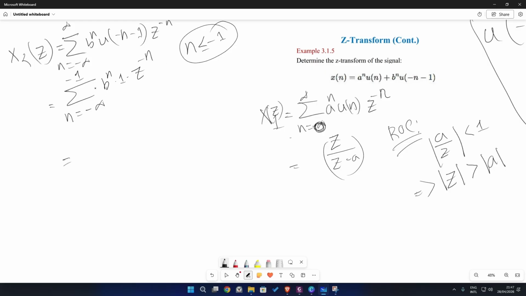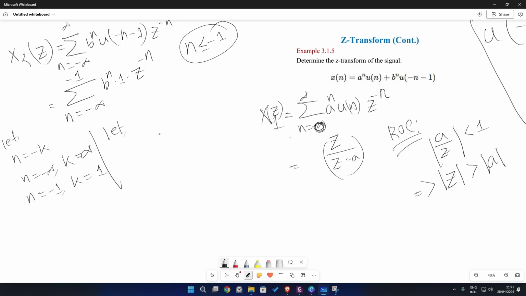We are already familiar with this. We need to convert the negative limit to the positive limit. So to do so, we again take n equal to minus k. Then if n equals minus infinity, k will be positive infinity. N equal to minus 1, then k will be plus 1.